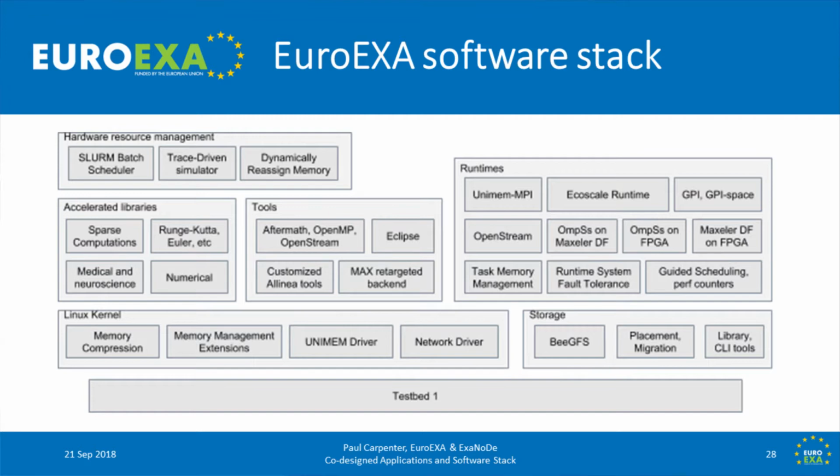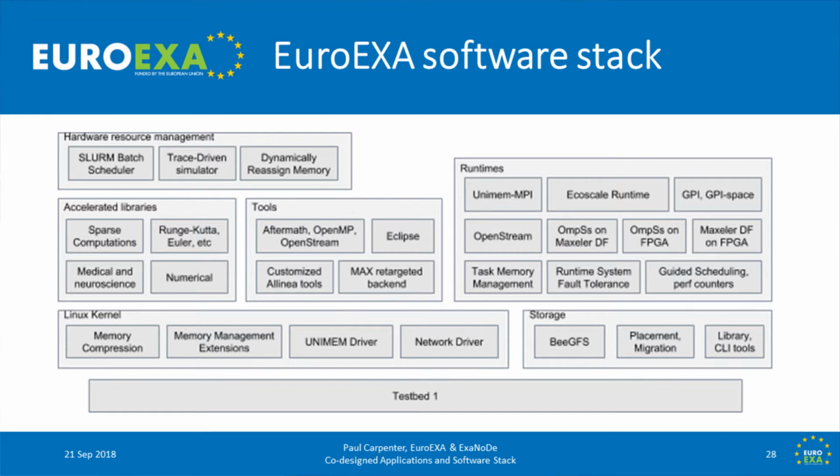We have accelerated libraries that are being done for sparse computations and so on, work on the tools side, tracing and so on, work in the batch scheduler, for instance, for the resource management, exploiting capabilities of Unimem and sharing memory capacity, runtimes, a lot of work on MPI.